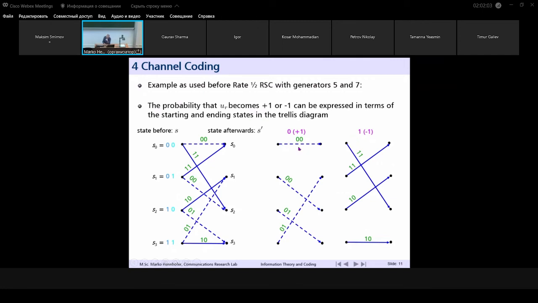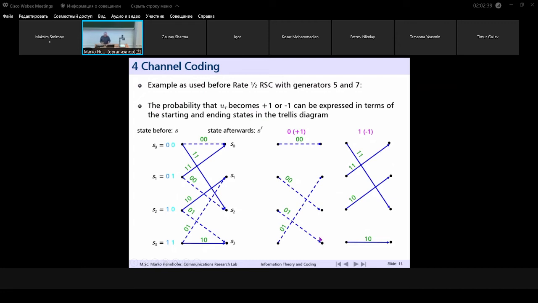So note, the probability that the 0 bit occurs here is the same as the probability for certain pairs of states. So for example, I can say the probability that I get a 0 here will be the probability that we have state S0 here and state S0 here, or having state S1 here and state S2 here, or this pair of states or this pair of states.